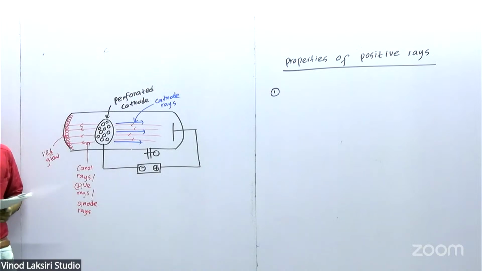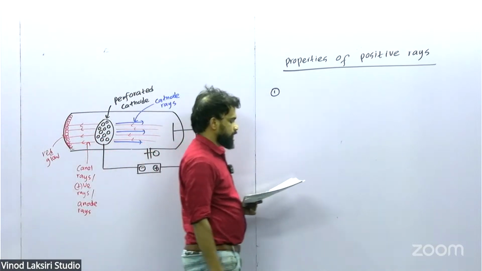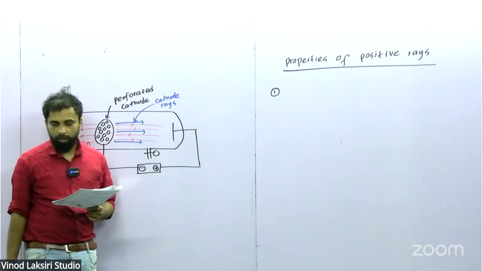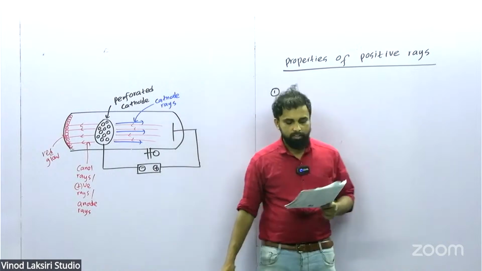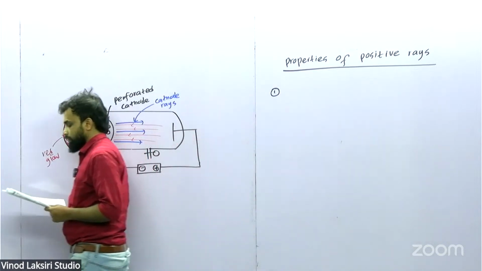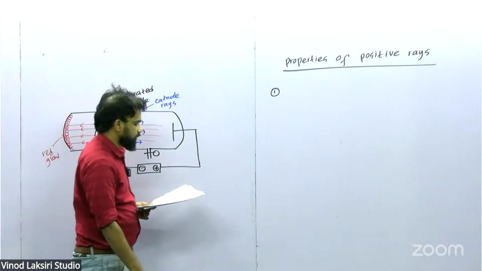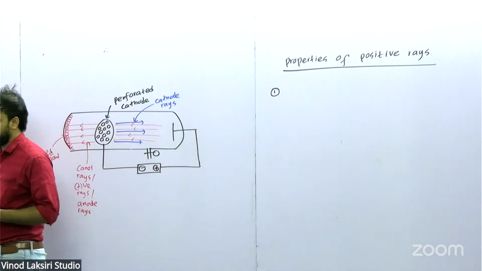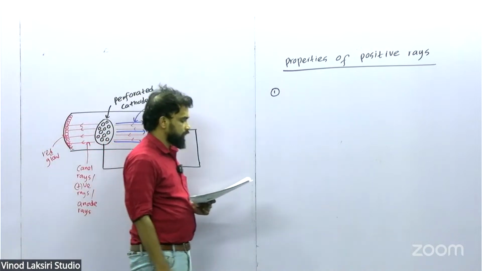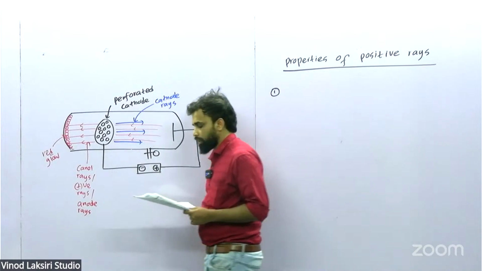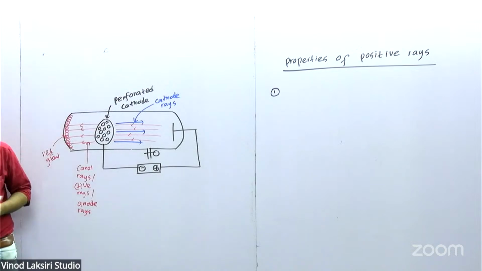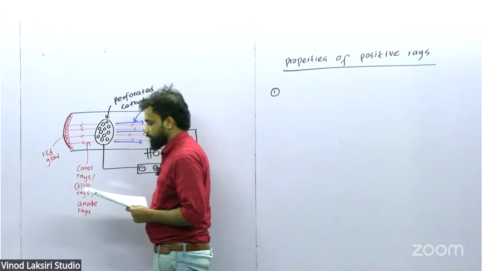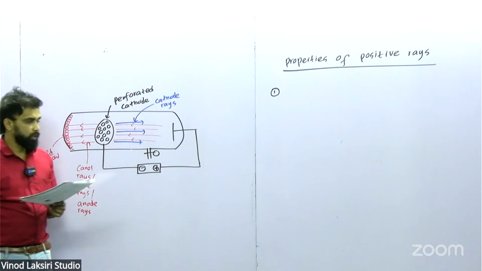And when an electric field is applied in the path of the rays, they are deflected towards the negative plate of the electric field.